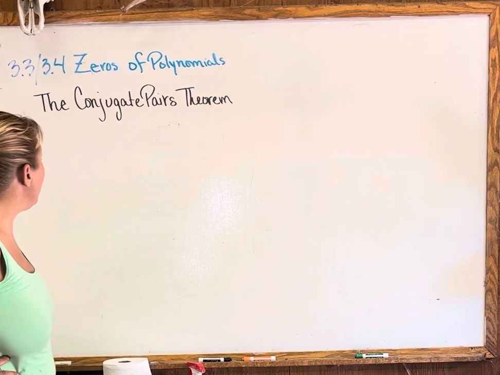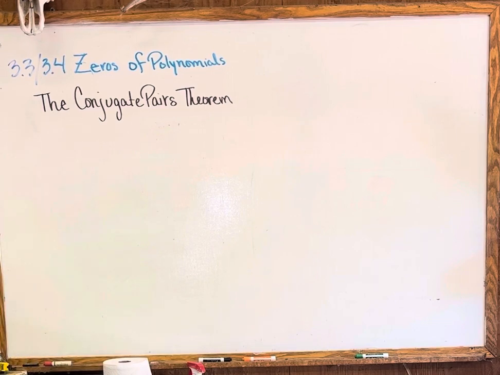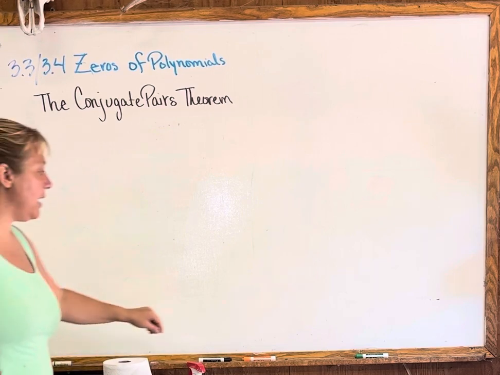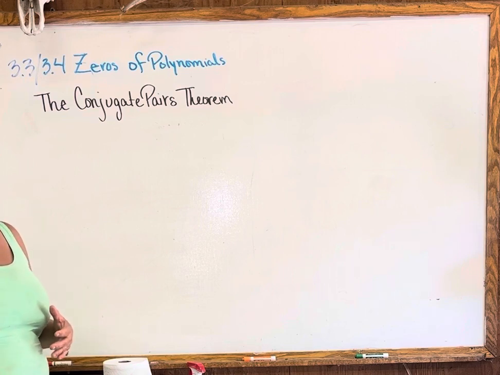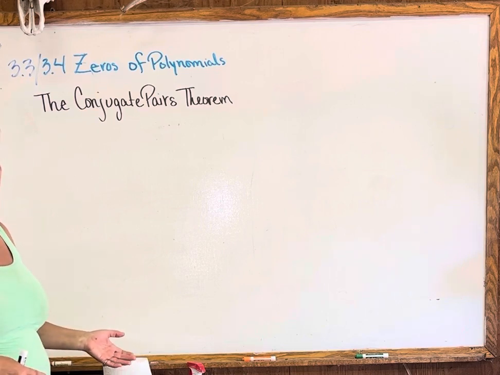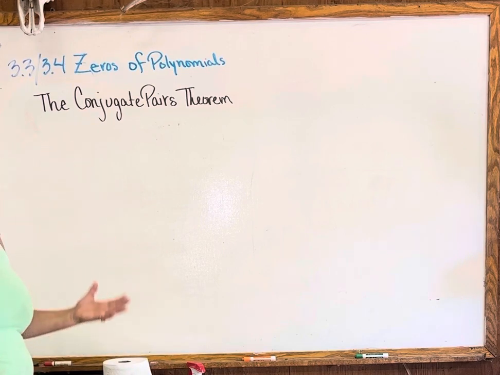So anyway, we're still in 3.3, 3.4, zeros of polynomials, and the next theorem we want is called the conjugate pairs theorem, and it's one that we actually just saw in the last example of part 1. But here's the theorem just so that you have it written down.